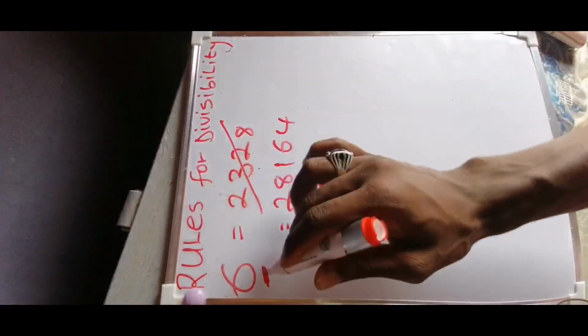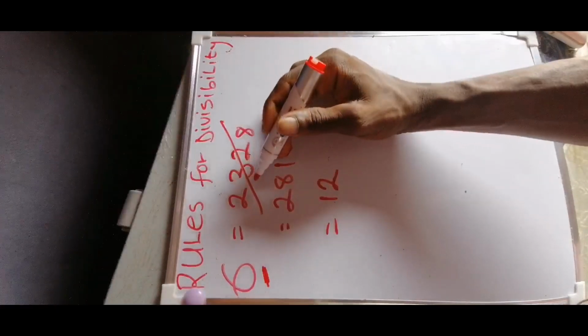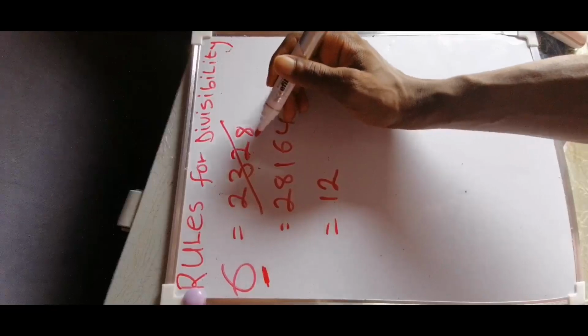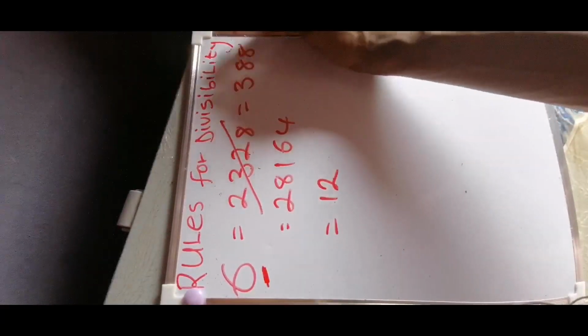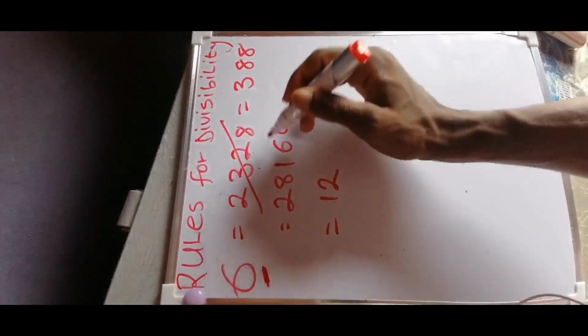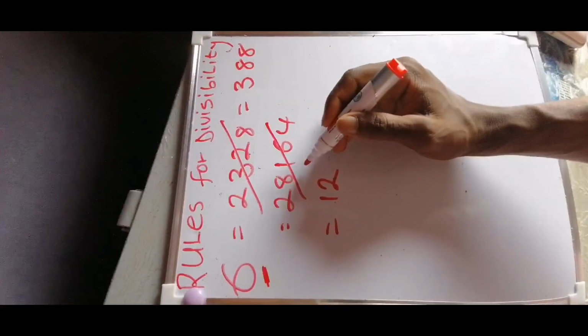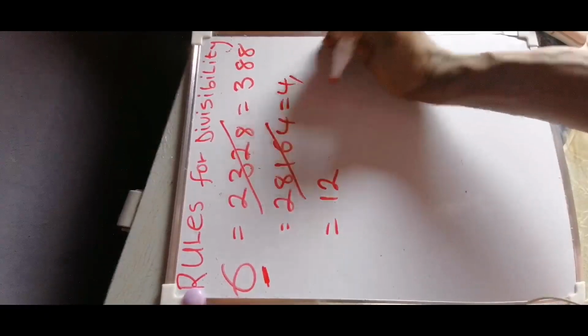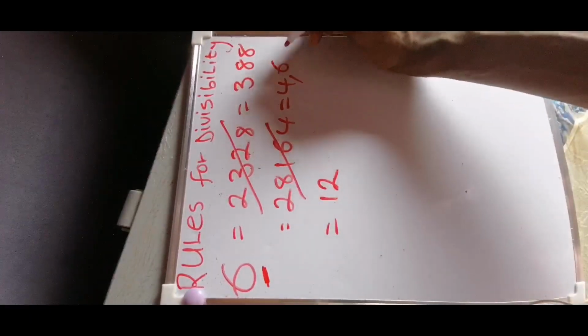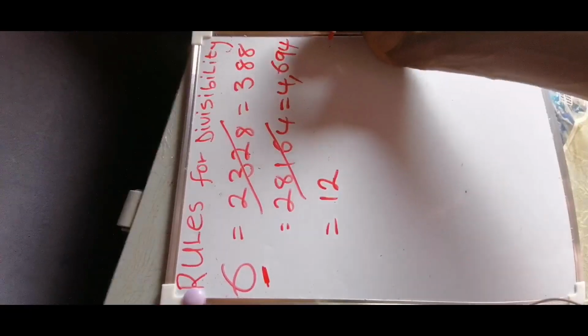So therefore, 6 into 2328 equals 388. Again, 6 into 28,164, the answer equals 4,694.